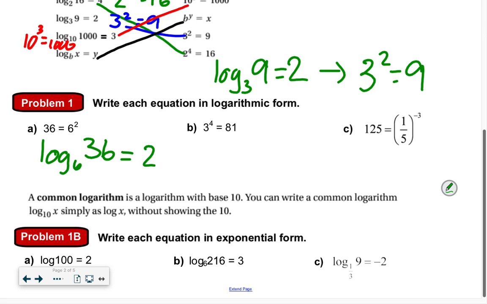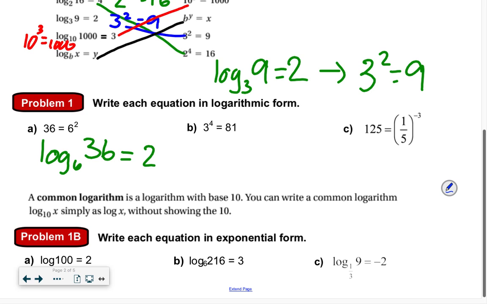Questions there? Okay. Another way to think about it, 6 to what number gets me 36? 2. Okay. It's another way to think about it. How would I turn 3 to the 4th equals 81 into a log?